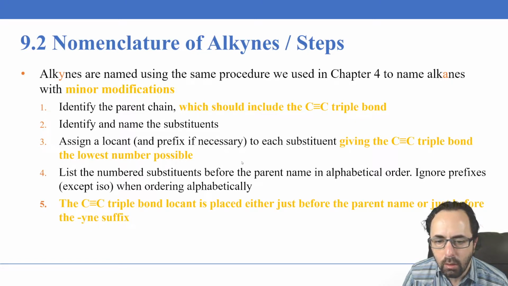You'll assign a locant, and like we did with the carbon-carbon double bonds, if you have a carbon-carbon triple bond, you're going to start numbering from the side that is closest to the carbon-carbon triple bond. Then you'll list the substituents in front of the parent name in alphabetical order, ignoring prefixes, just like before when naming alkanes and alkenes. And finally, just like with alkenes, you can place the locant before the parent name or just before the "-yne" suffix.